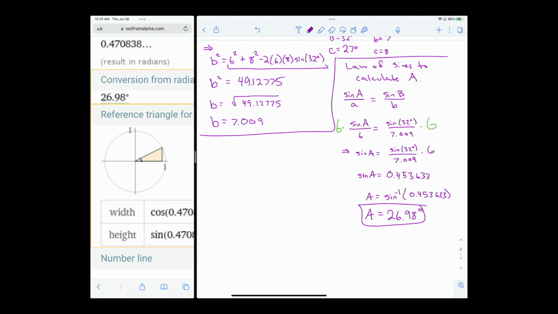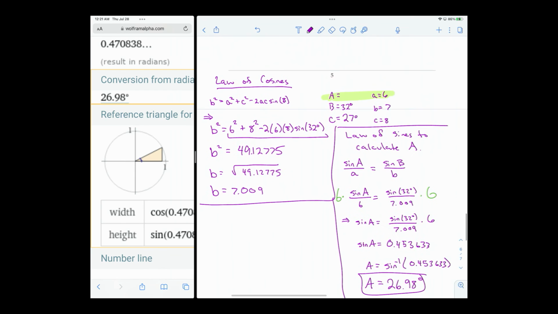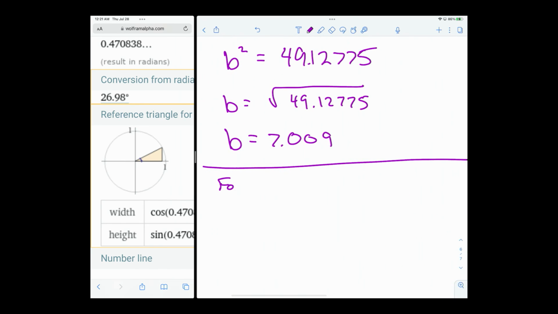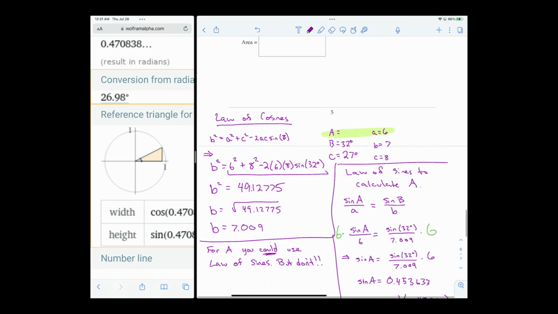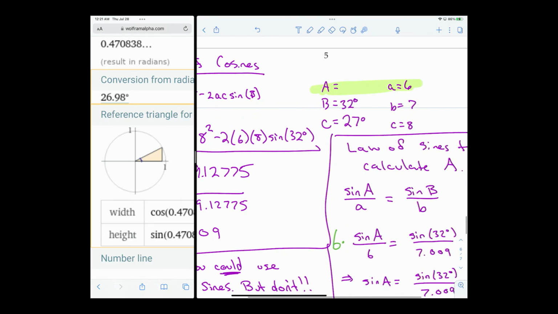And then for the last one, capital C, which we're still missing, you could use law of sines again. But don't. Why not? Well, remember, the angles add up to 180.